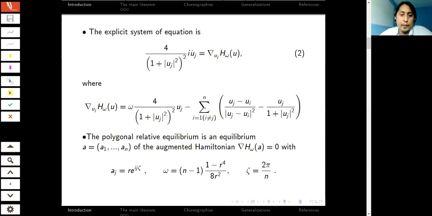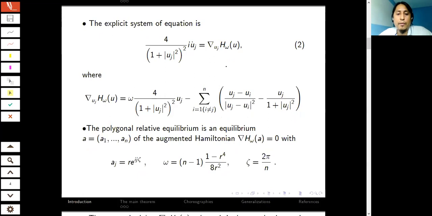Now this is where things start to get nice. This system represents the system of n vortices on the sphere seen from the stereographic projection chart and in a rotating frame with frequency omega.